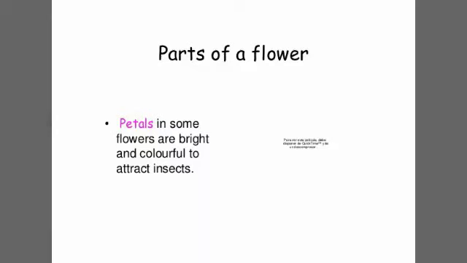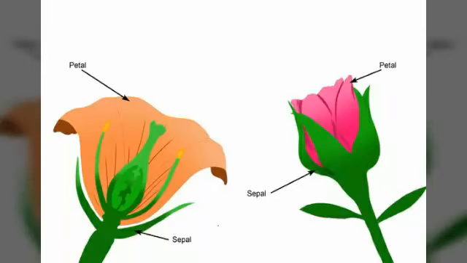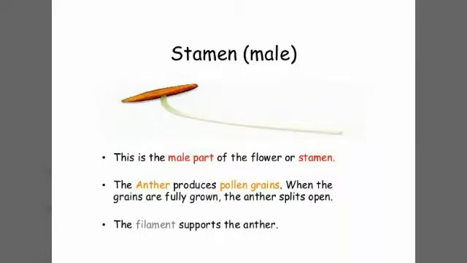Basically petals are colored, so they help in pollination because they attract insects. Here in the picture, petals are innermost and sepals are outermost.